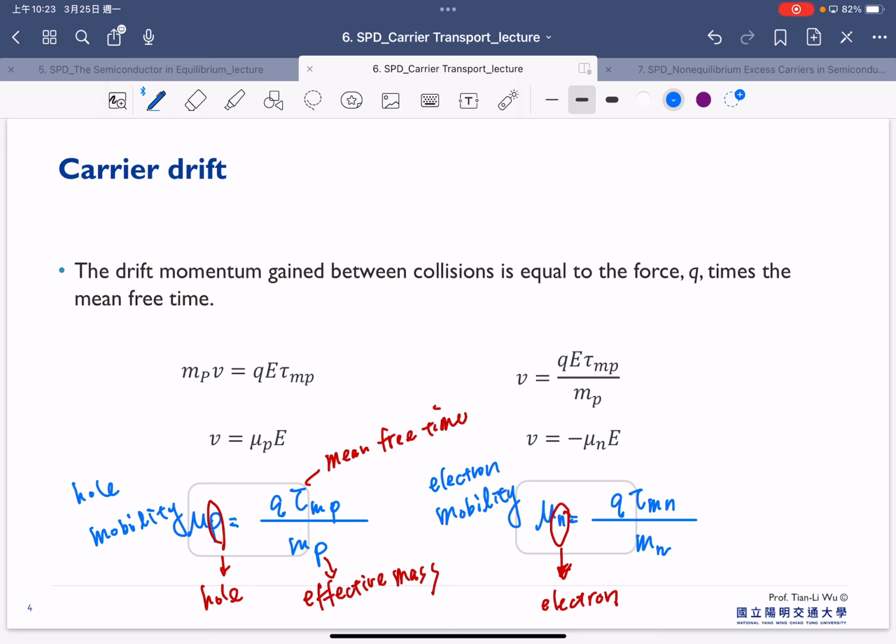Also this is the mean free time, and this is the effective mass. So that's the general definition of mobility.